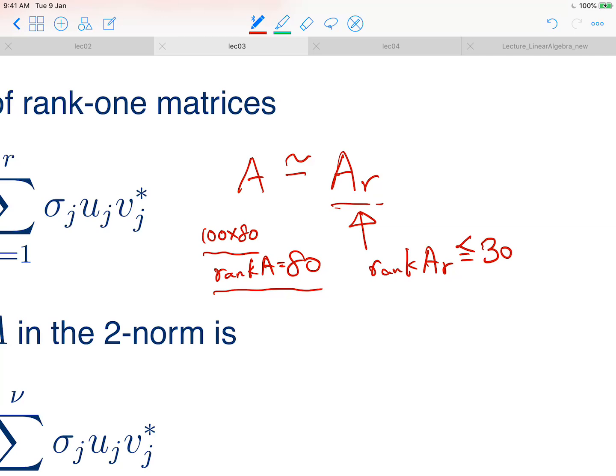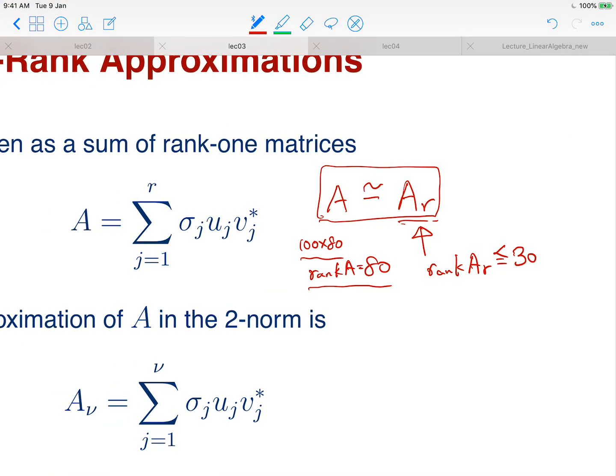So in this case, how can we represent this approximate relationship between them? We basically subtract, or compute the difference between, these two matrices. In terms of size, if the matrix A is 100 by 80, then A_r will also be 100 by 80.